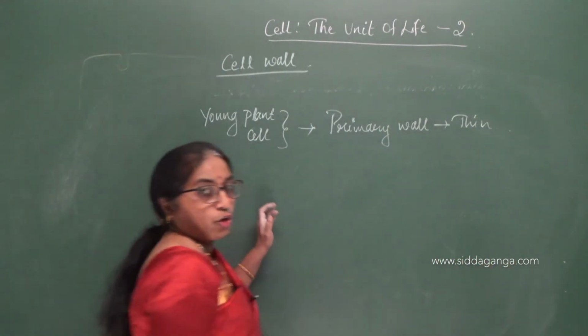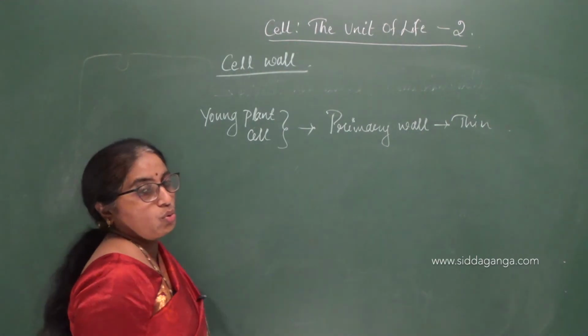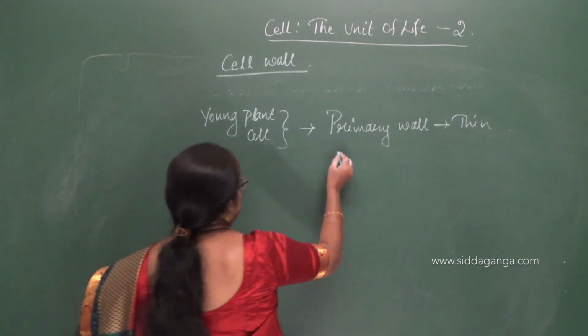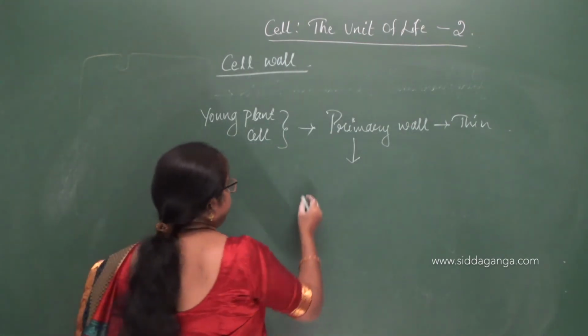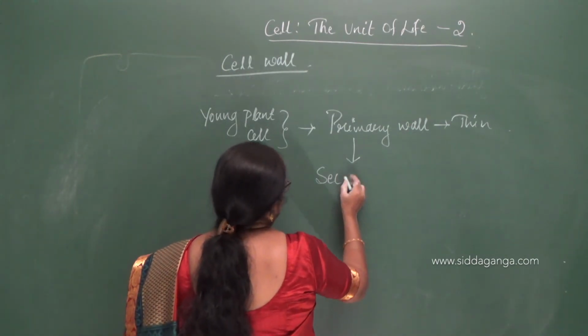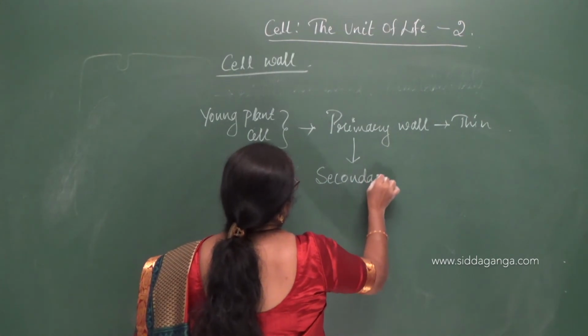As the plant grows and the cell gets matured, this primary wall on its inner side is replaced by a secondary wall.